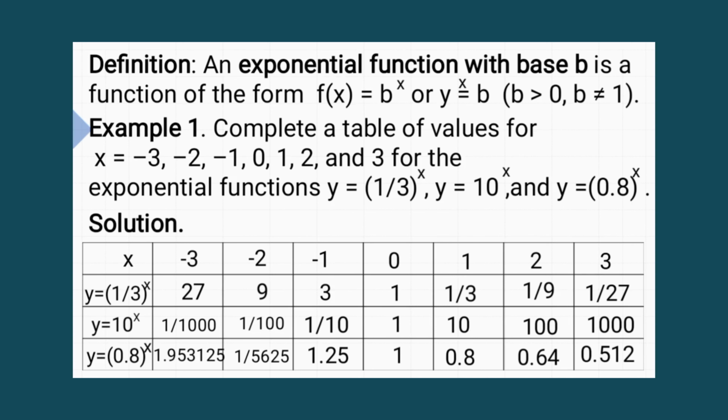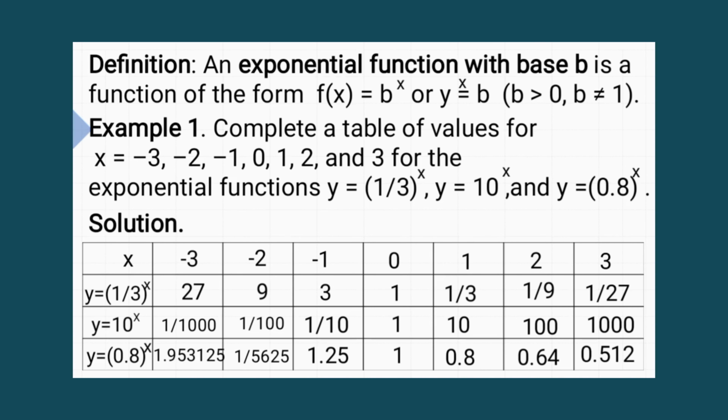So let's proceed to the second function. The second function that we have is y = 10^x. Let's now substitute the values of our x. So 10 raised to -3 is 1/1000.